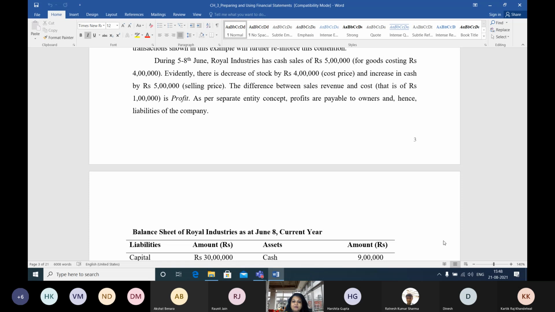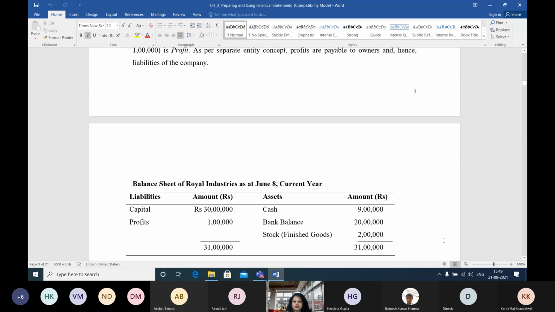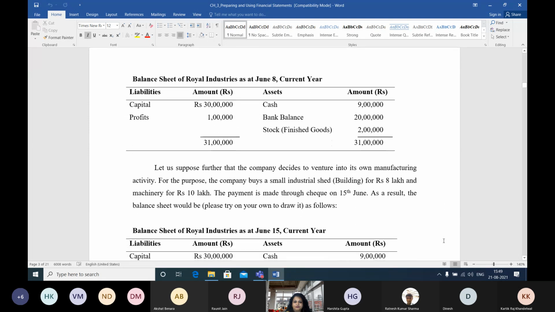Okay. As a separate entity concept, profits are payable to owners and hence they are liabilities for the company. So when the company is making profit, who does this profit belong to? The owners, because the company is just a slave in the hands of its owners, as I've already told you in the last 3 classes. Okay. So typically, this is how the profit will be shown.